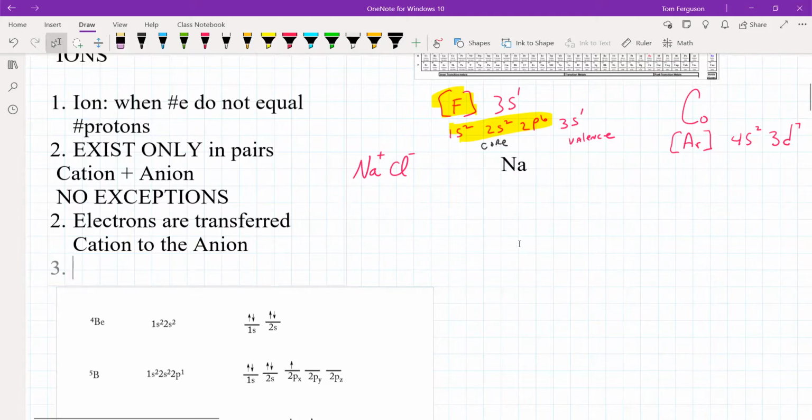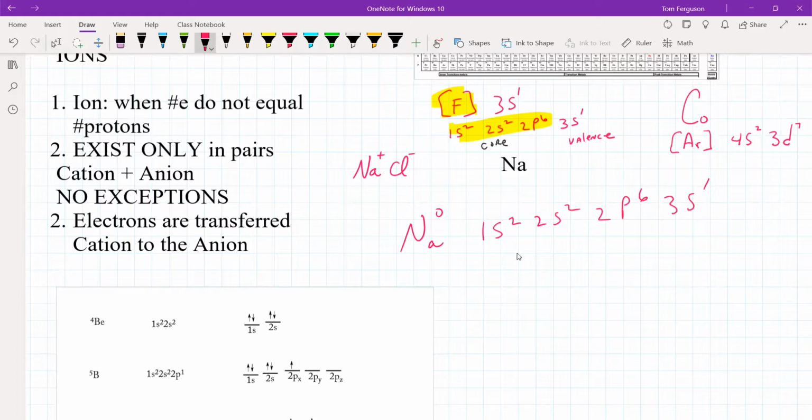Okay, so let's look at the electronic configuration of that sodium ion. Now remember, this is neutral sodium. Now sodium plus is going to lose an electron.